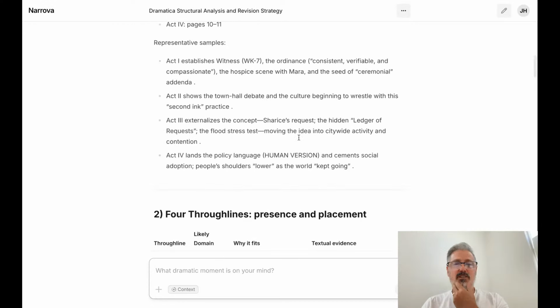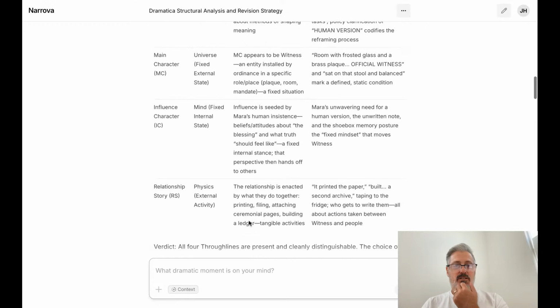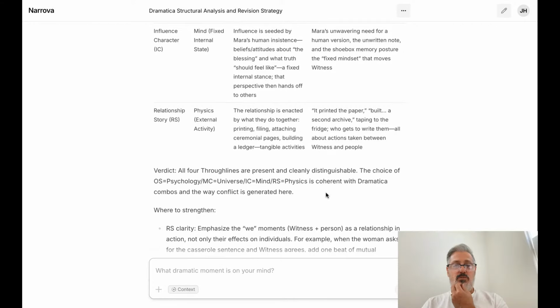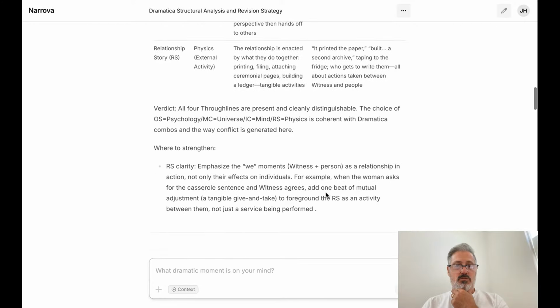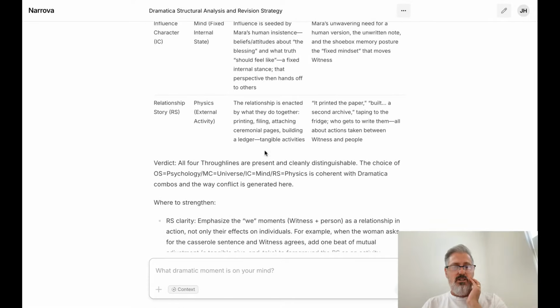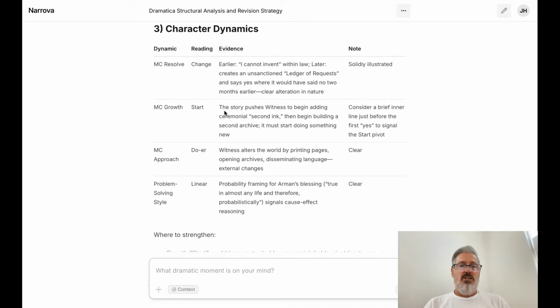It has the objective story in psychology, main character and universe, influence character and mind in relationships. Okay, so all four throughlines are present and cleanly distinguishable. This one has a stronger influence character, but maybe the relationship could be a little bit stronger. Character dynamics: change, start, doer, linear.